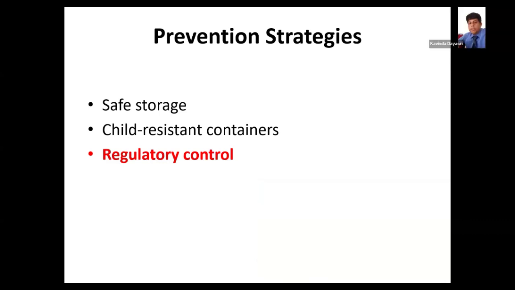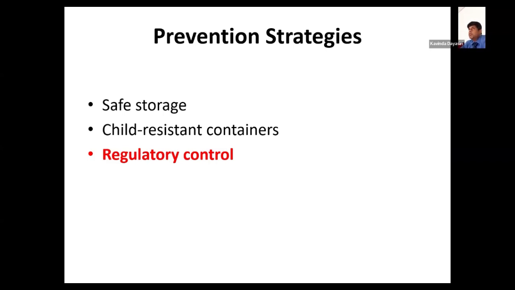Children can mistake these bottles for drink bottles and accidentally ingest them, and that can result in serious oromucosal burns. And as a country or as a region, regulation of these agents is quite poor, and they are in free circulation everywhere, not regulated. People are not made aware of the toxic effects.